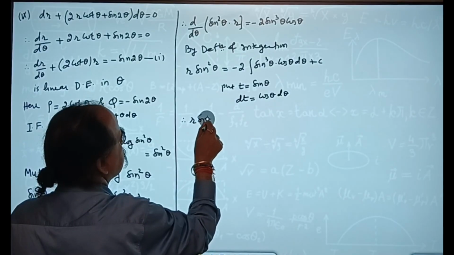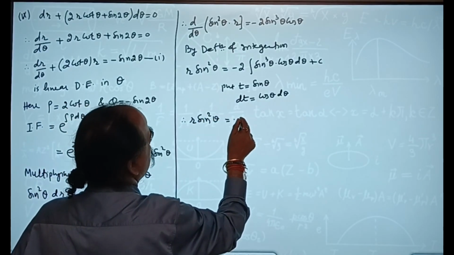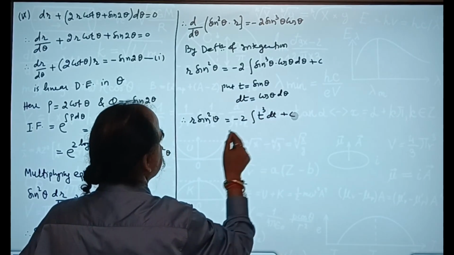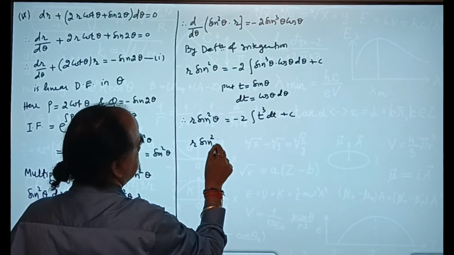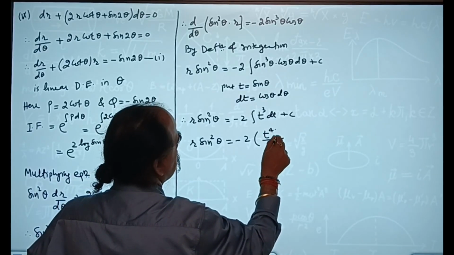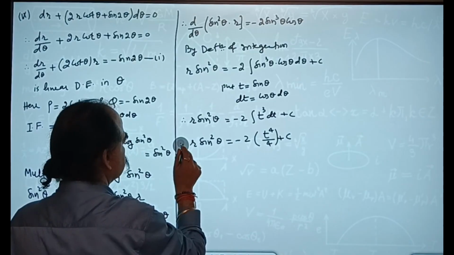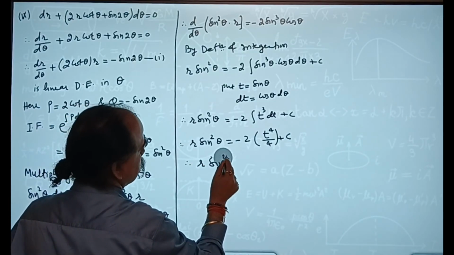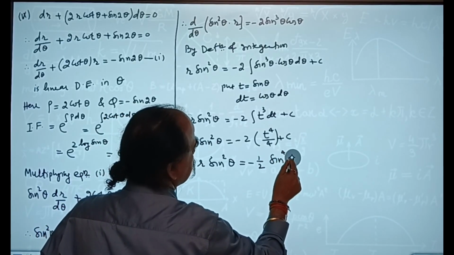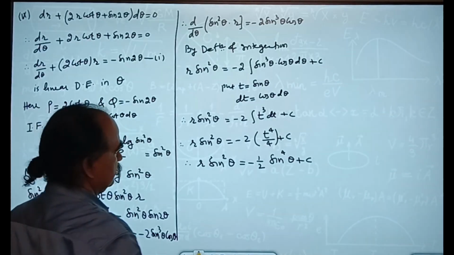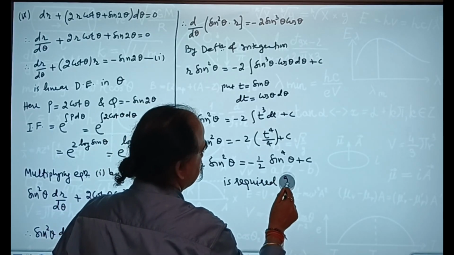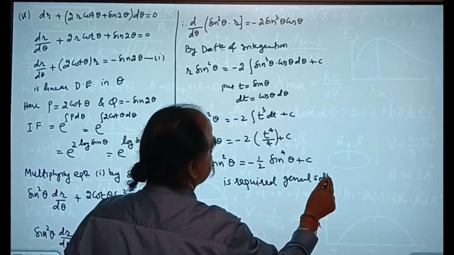So r sine square theta is minus 2 into integral t cube dt plus c, which is t raised to 4 upon 4 plus c. r sine square theta is minus 1 by 2 sine raised to 4 theta plus c, because t is sine theta. This is the required general solution.